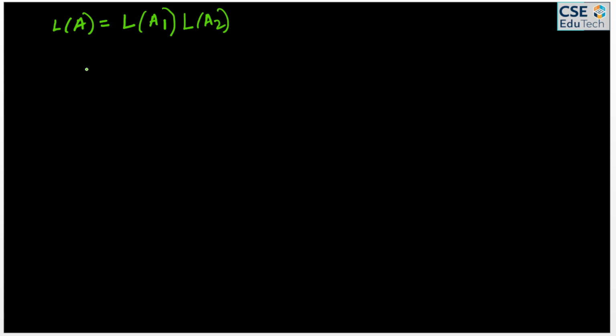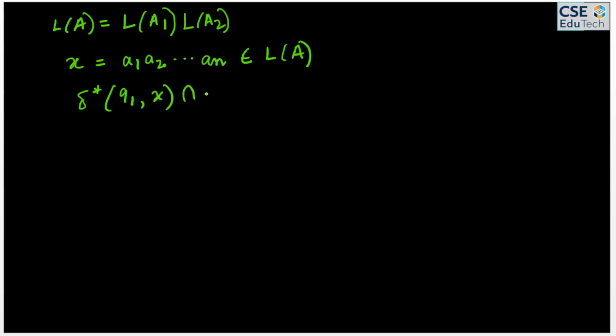We assume that X is any string of the form A1, A2, up to AN, and it belongs to the language accepted by the resulting automaton A. Then delta star of Q1 and X, intersected with F2, should not be empty.